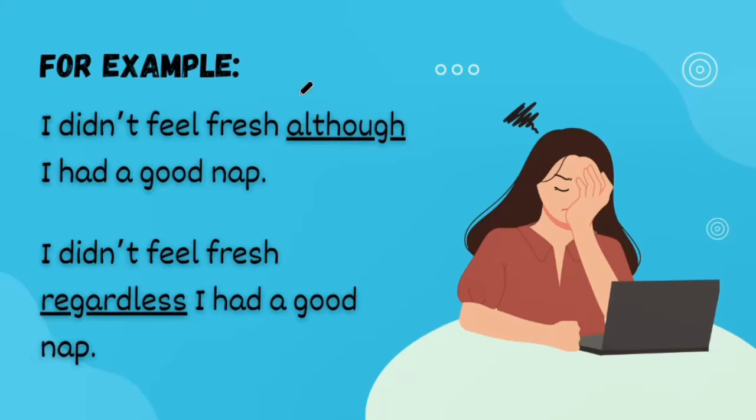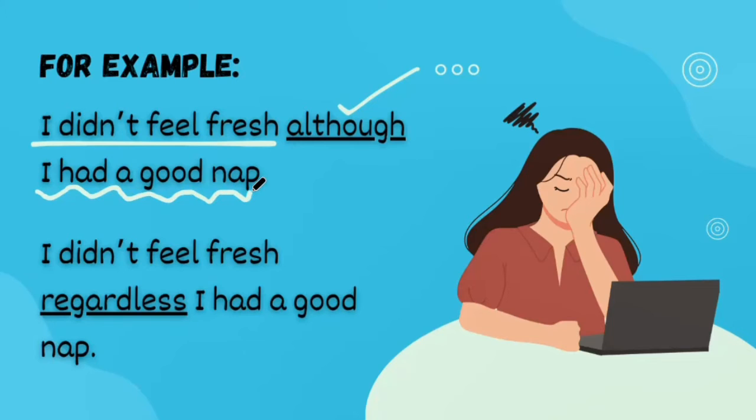The first example is saying, I didn't feel fresh, although I had a good nap. Now look at this. I didn't feel fresh. This is our independent clause. Now we are connecting contradictory information with this with the help of although. Although I had a good nap. How is this information contradictory?